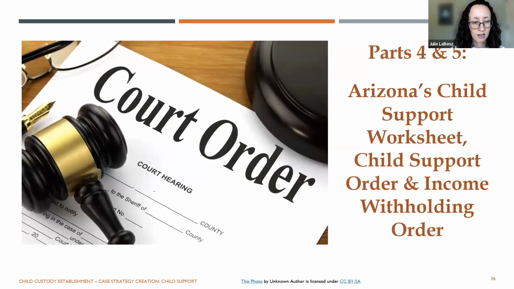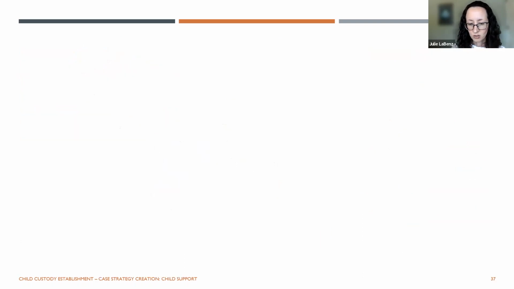So we're going to look at that in a second. In addition, we're going to look at the child support worksheet order and income withholding order. So let me pull the worksheet back up.